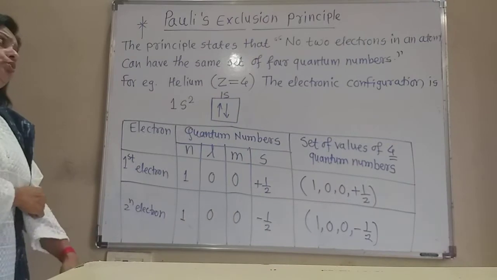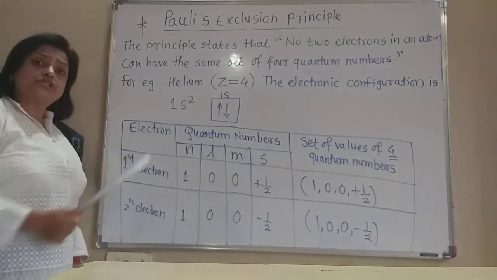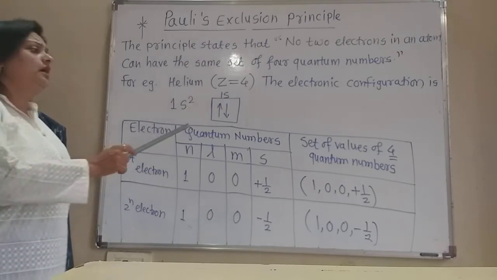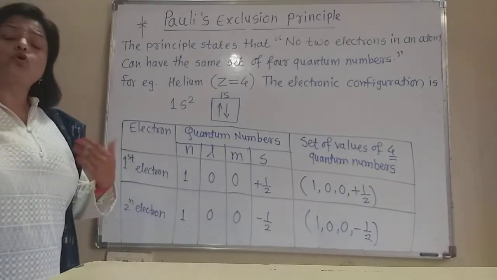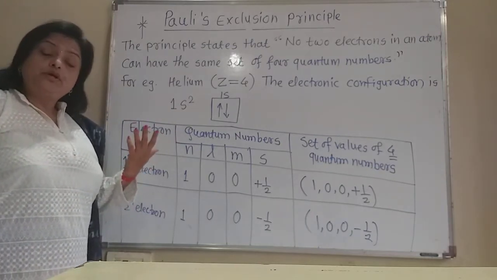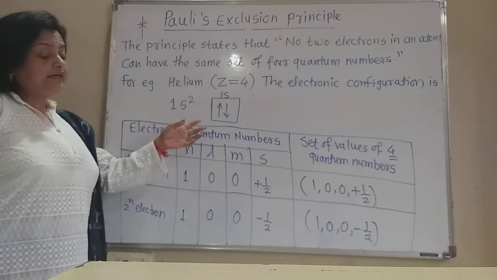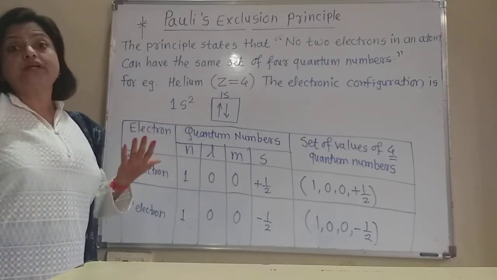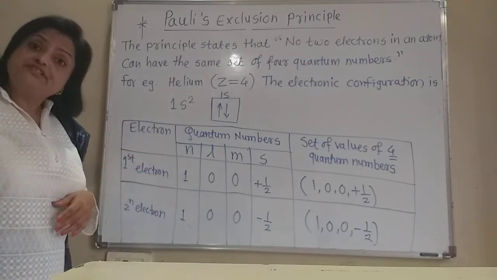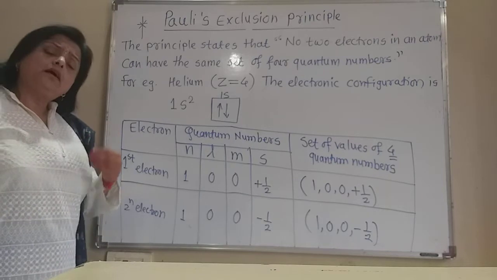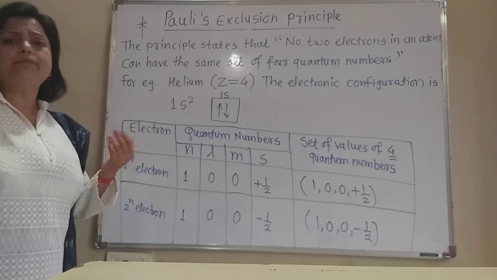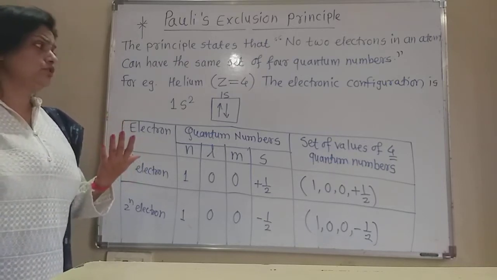From these two 1s electrons, we can say that no 2 electrons can have the same set. If there is lithium, it has atomic number 3. The 1s orbital is completely filled and 1 electron goes to the 2s orbital. There again the principal quantum number changes, so there are different sets of values of the 4 quantum numbers for electrons in the higher orbitals also.